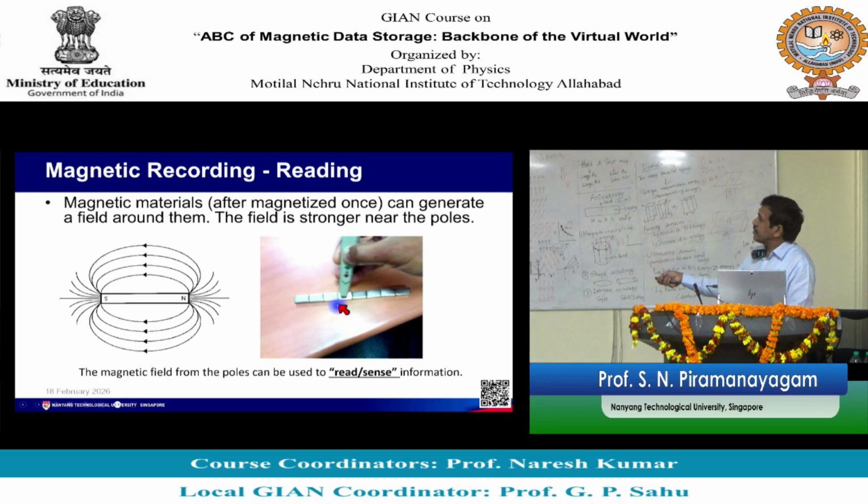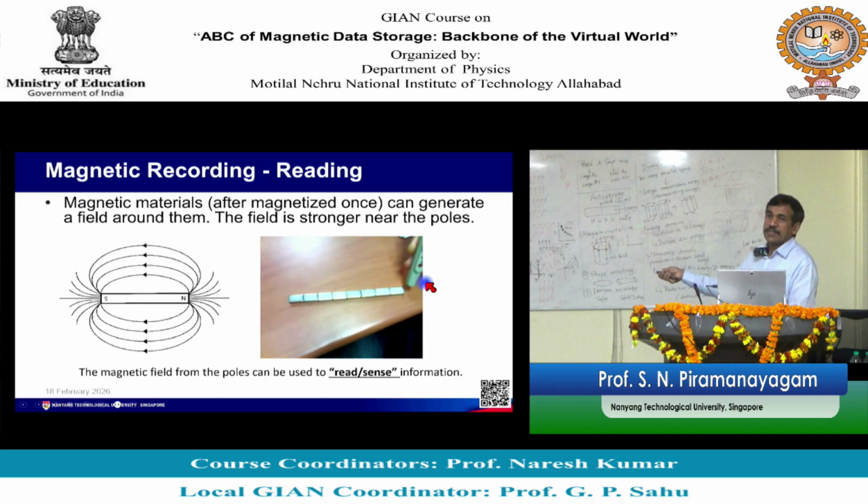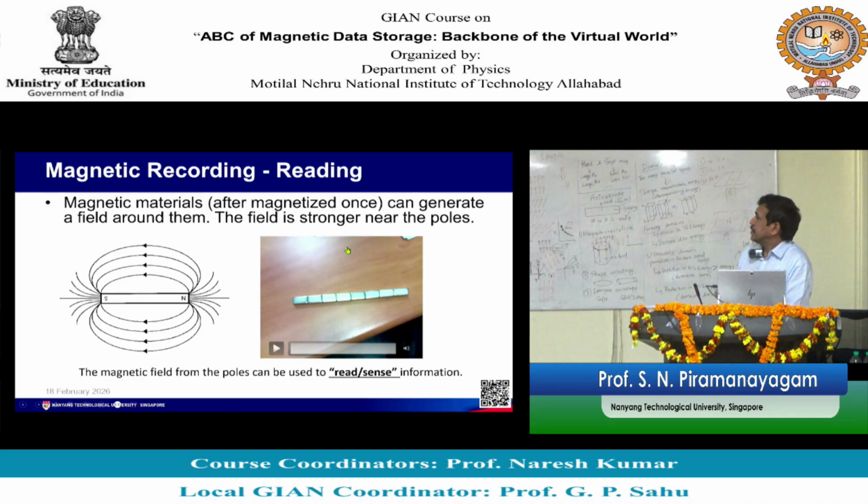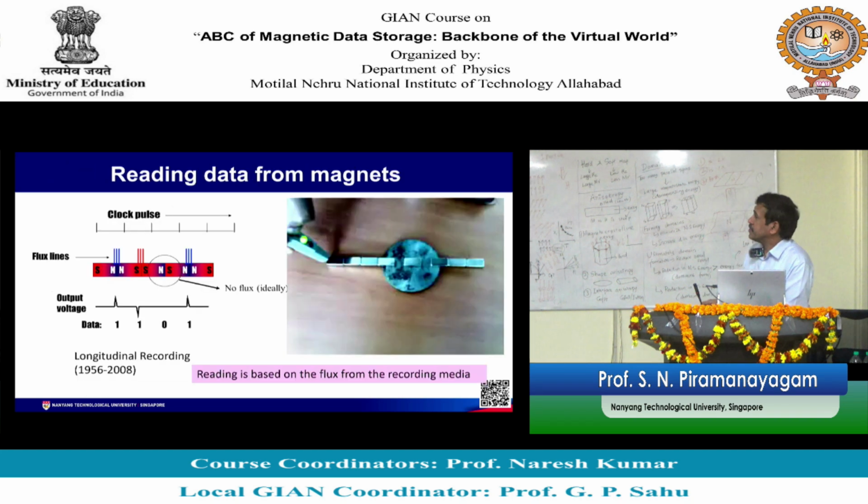Field is weak, it cannot sense anything. Now the field is strong, so it can sense. Okay. So we can use a sensor like this to sense information, and the information is stored in whether the north pole is up or south pole is up. Okay. That is one way to simply say the reading of information.